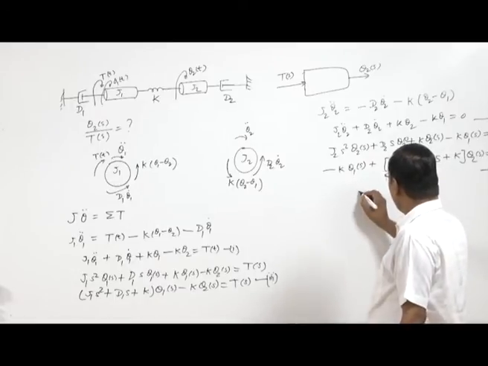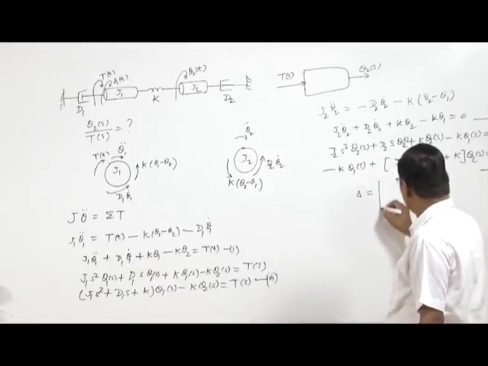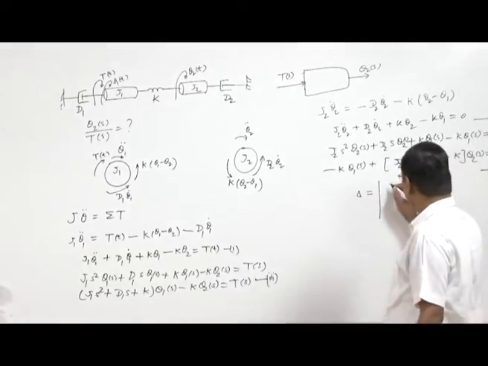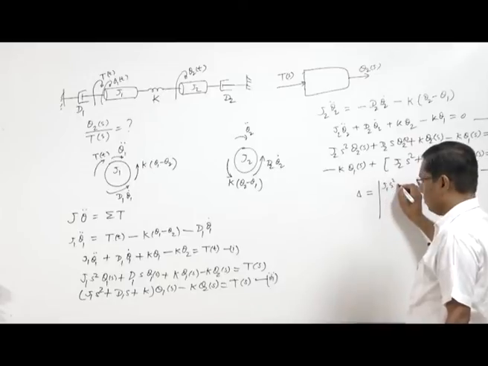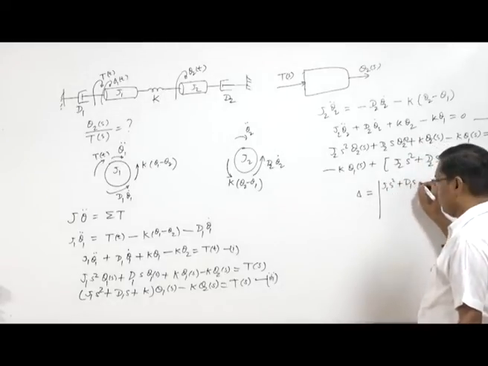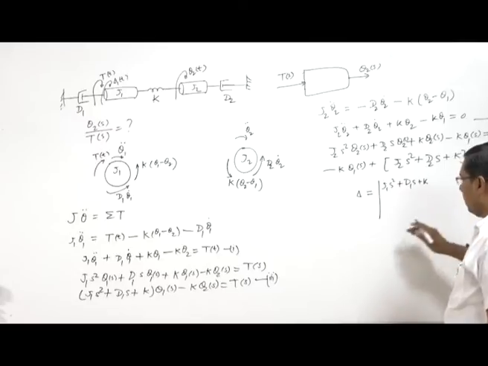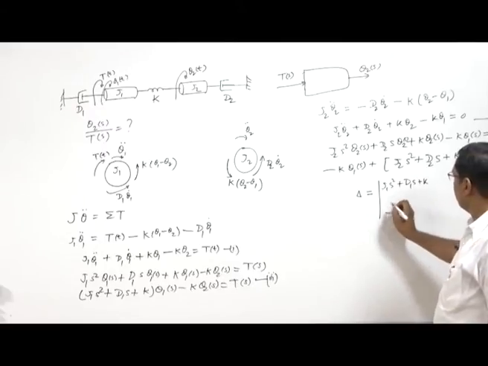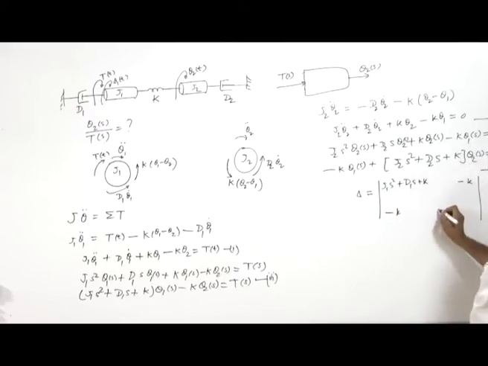Our delta is the determinant: J1 s square plus D1 s plus K and minus K, and here minus K, and this term J2 s square plus D2 s plus K. This is delta.